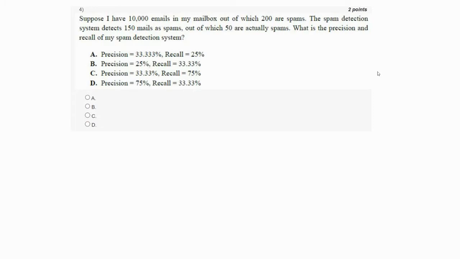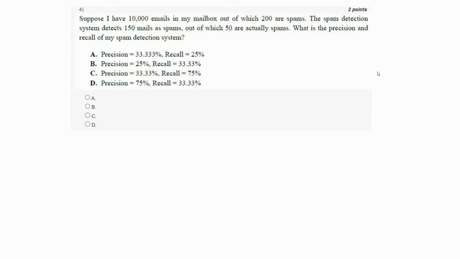Spam detection system detects 150 as spam. So 50 is your true positive. And 9,800 is true negative. 50 divided by 150 and 50 divided by 200. Exactly. 50 divided by 150 and 50 divided by 200.